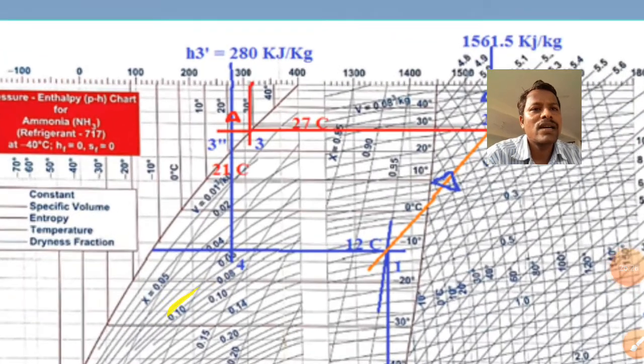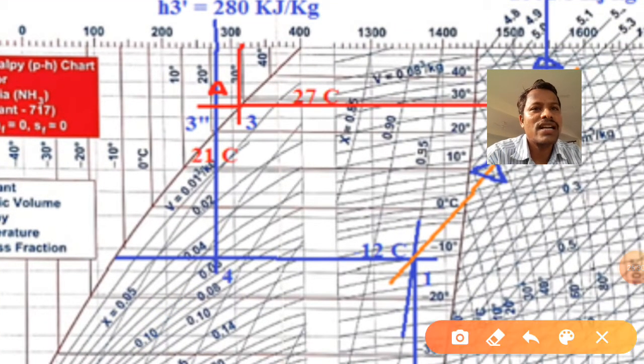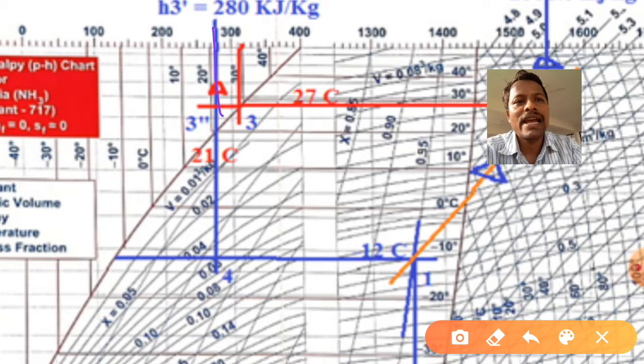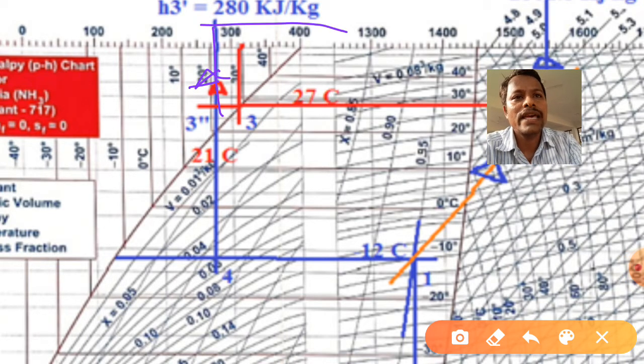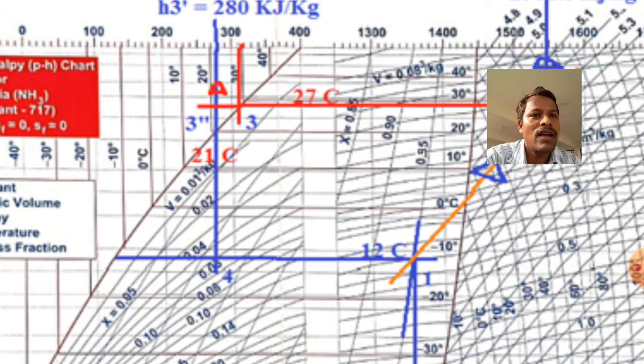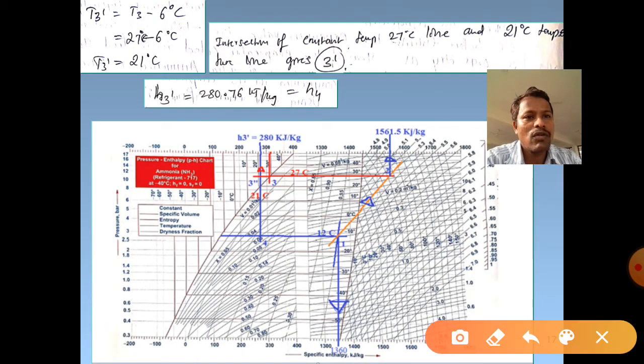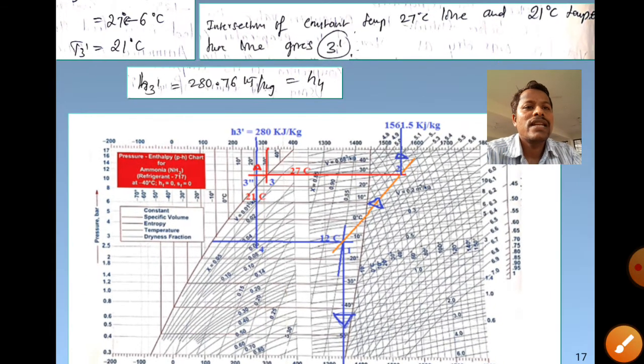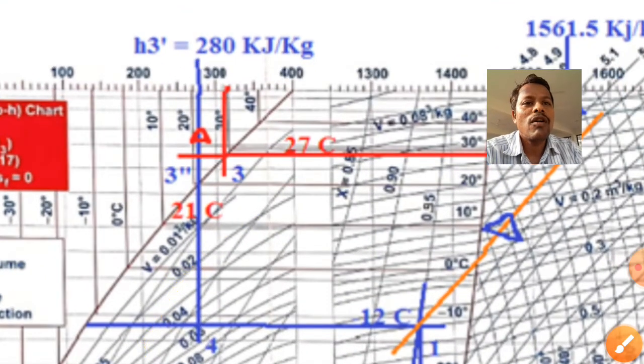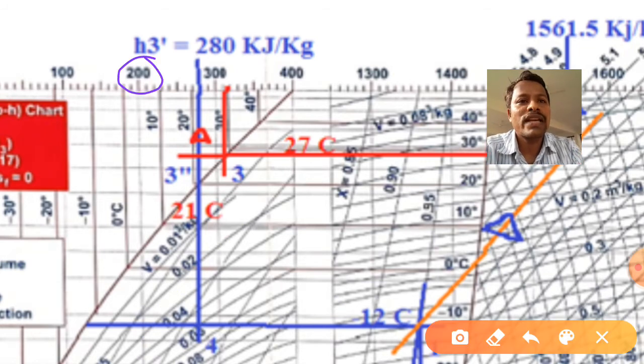Now after obtaining point 3 dash on this chart, we will draw a vertical line upward, because enthalpy values are near here only. Even we can drop a vertical line downward also. Same values are available in the downward direction. If I zoom in and observe, here I have 200 kilojoule per kg, 300 kilojoule per kg, and this is 250.